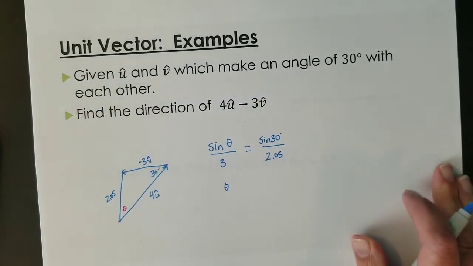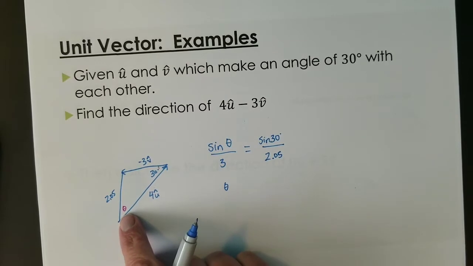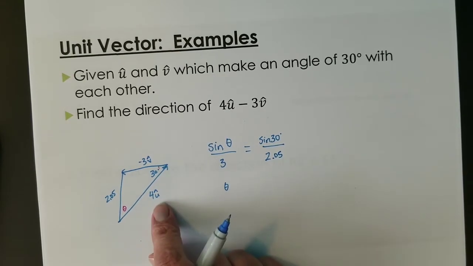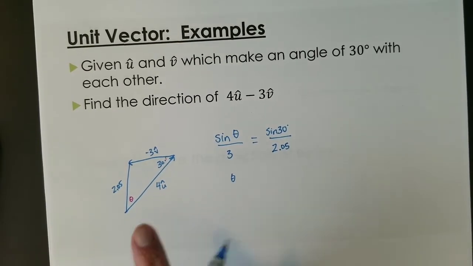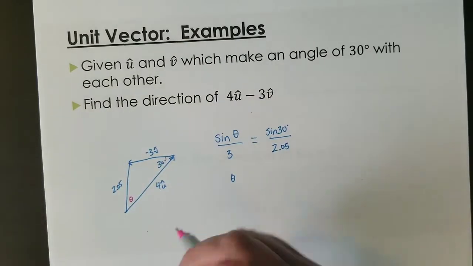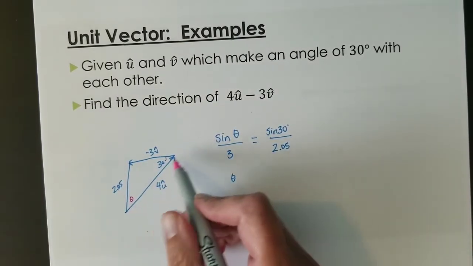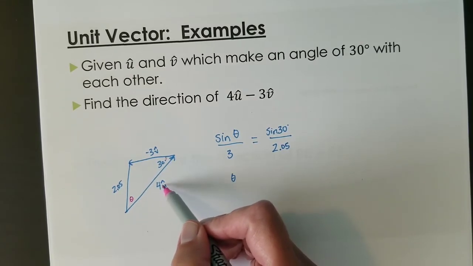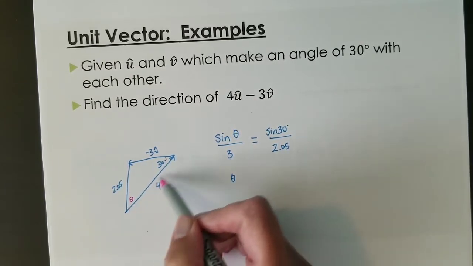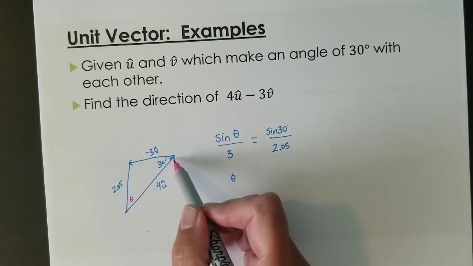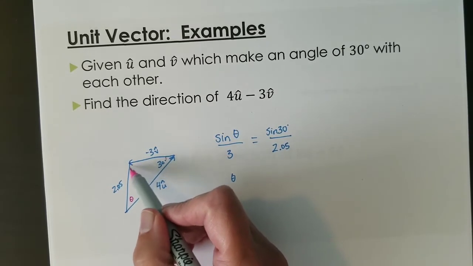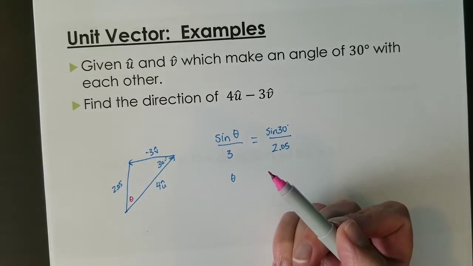One thing we should always check on is, can this angle be obtuse? And we know that it can't. We always want to check for that ambiguous case. When we have all 3 sides, I know that the largest angle is going to be across from the 4. So because I know this base here, I know the biggest angle up here will be across from the one that's a magnitude of 4.